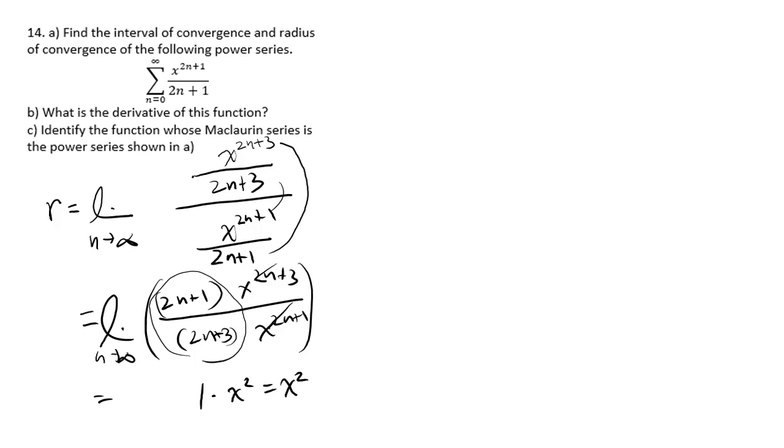And that means that when x squared is less than 1 and bigger than negative 1, this series will converge. Now, x squared is always positive, right? So this condition actually doesn't say anything. And for x squared to be less than 1, that means x has to be less than 1, but bigger than negative 1. If x is negative 2, you know that it's going to be positive 4, so it's going to violate this.